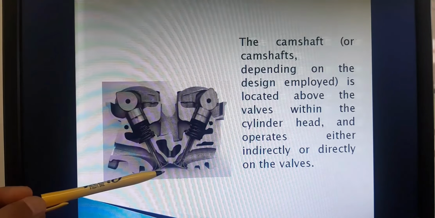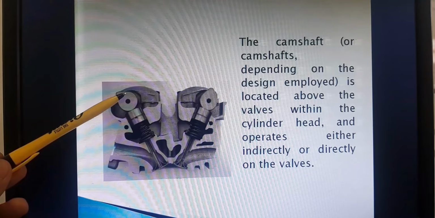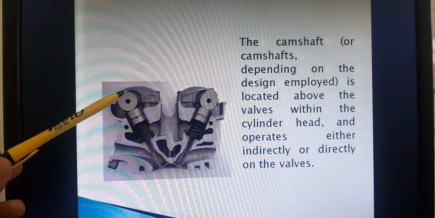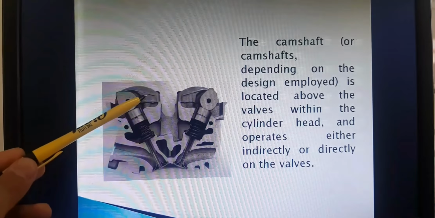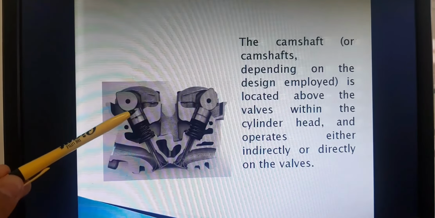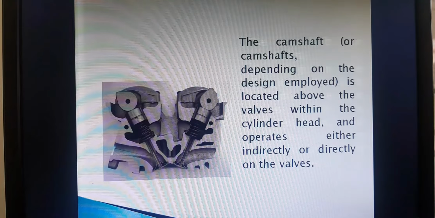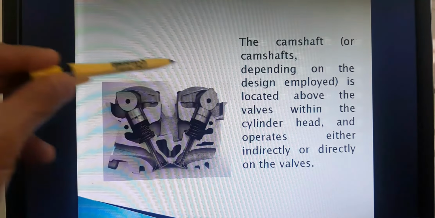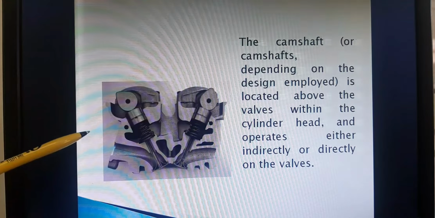All right? So why indirectly? Indirectly because it can use a rocker arm. After the camshaft, we can use a rocker arm, and then the valves are now being pushed by the rocker arms. Understood? And that is an example in our cars. We have a single camshaft, and then we have two valves there, left and right.